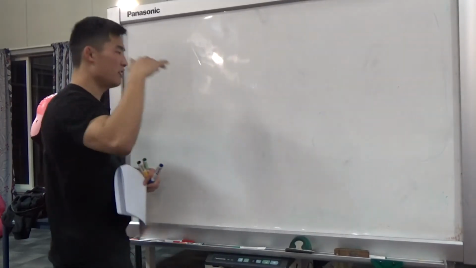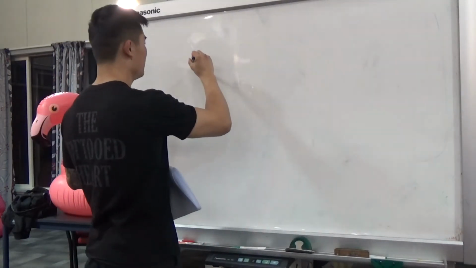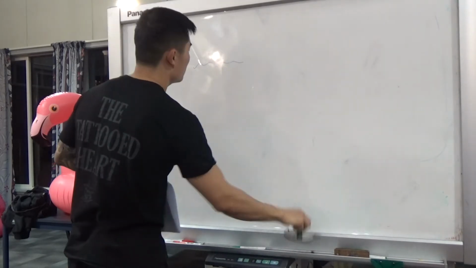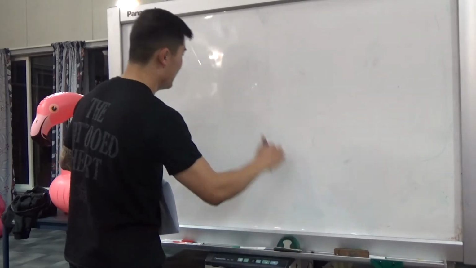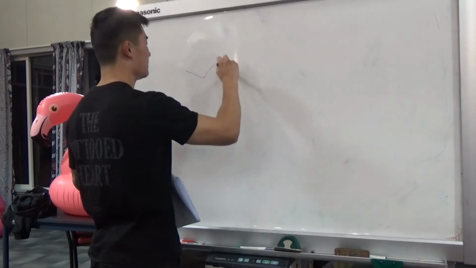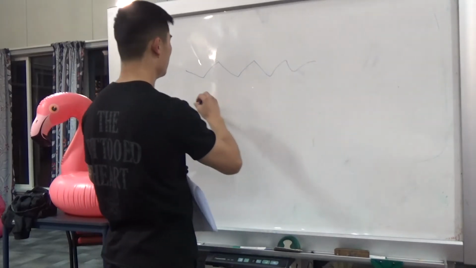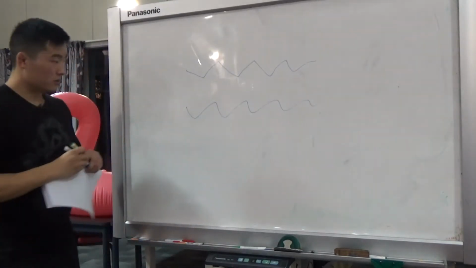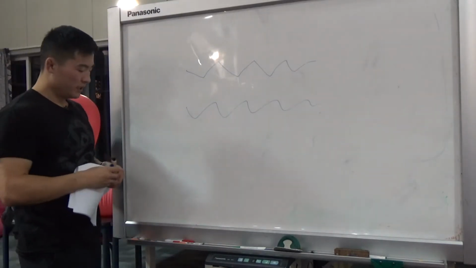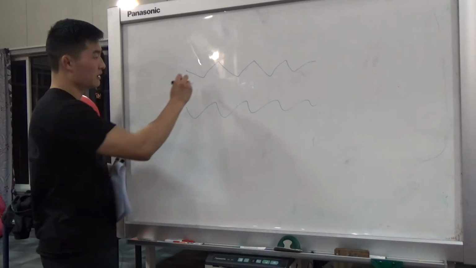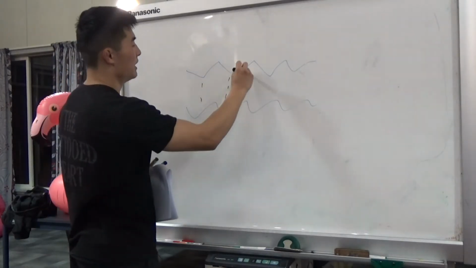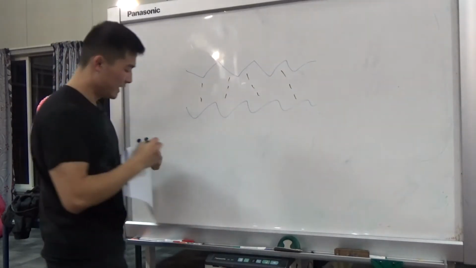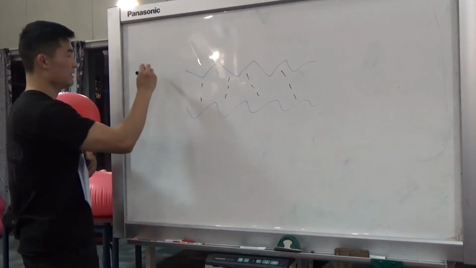So if you're looking down on a beta sheet, there's going to be hydrogen bonds between the strands.